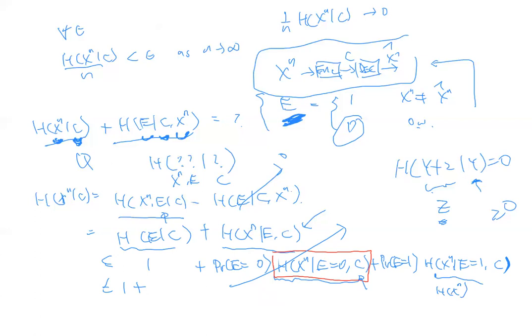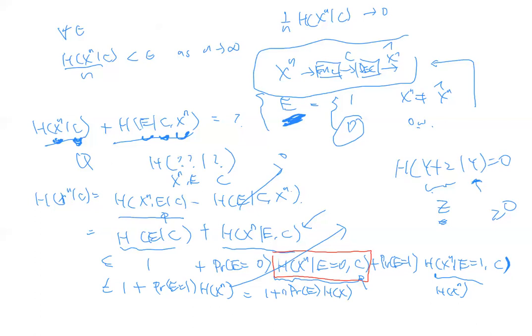So it's bounded by the probability of E equal to 1 times H(X^n) here. And H(X^n), we argued earlier, is actually just equal to n H(X). So the whole thing here will be equal to 1 plus the probability of error times n H(X).